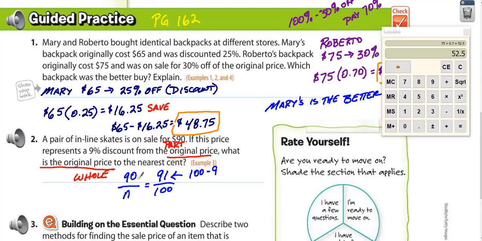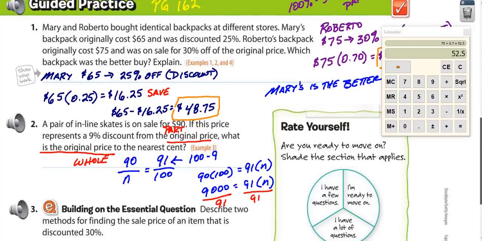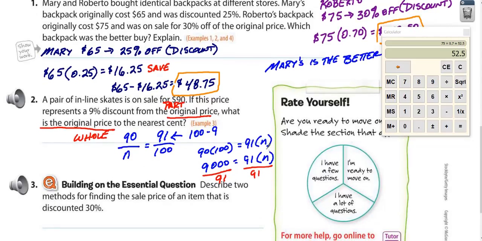If we multiply 90 times 100, we get 9,000. That's equal to 91 times n, or 91n, which means everything needs to be divided by 91. If we divide 91n by 91, we get n.